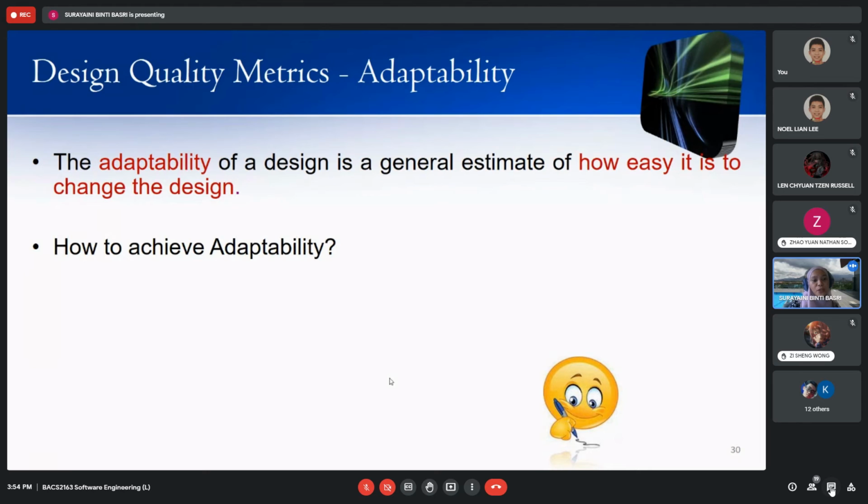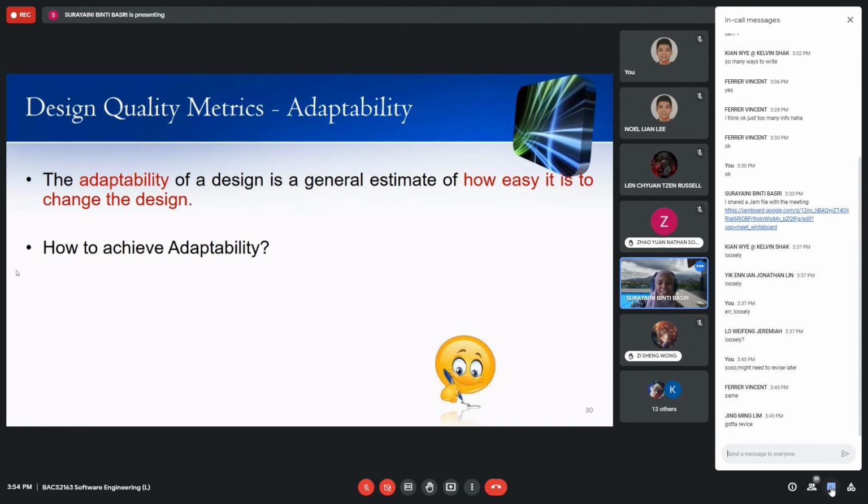Based on your opinion, how can we achieve adaptability? Okay, so I will repeat again. Adaptability is actually a general measure. There are no units or levels like cohesion and coupling.